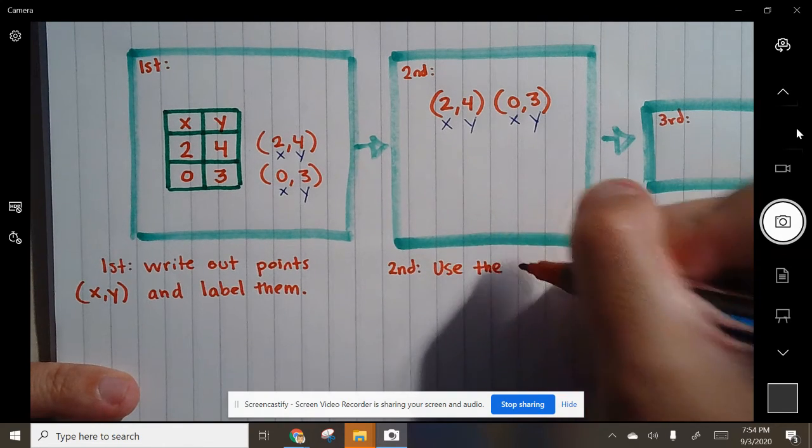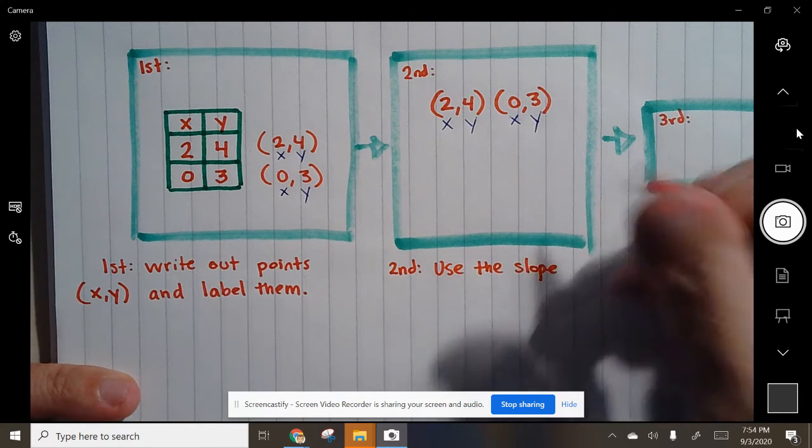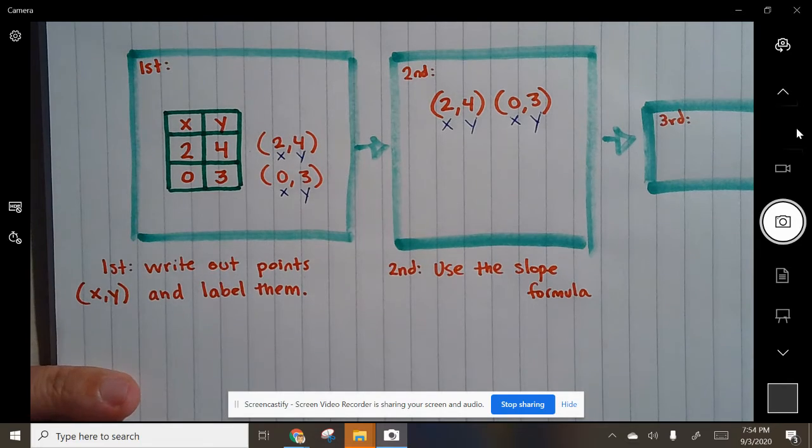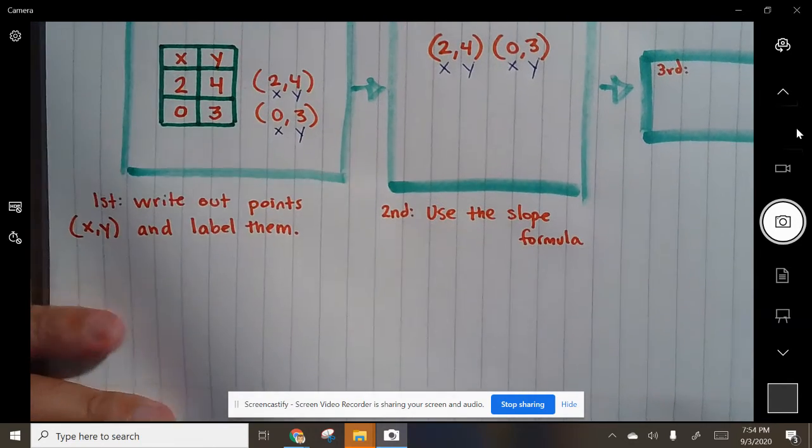Use the slope formula. Well, Marusik, what is the slope formula?